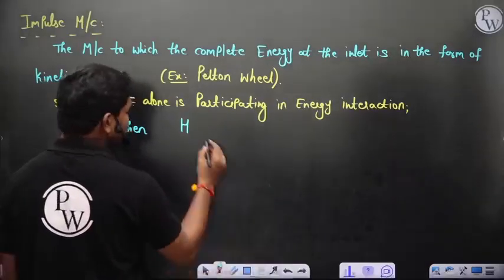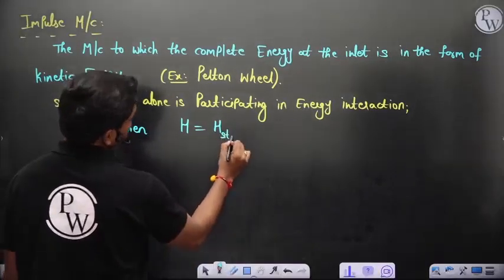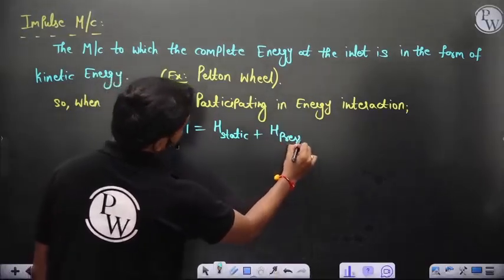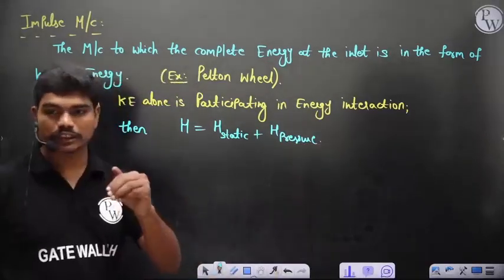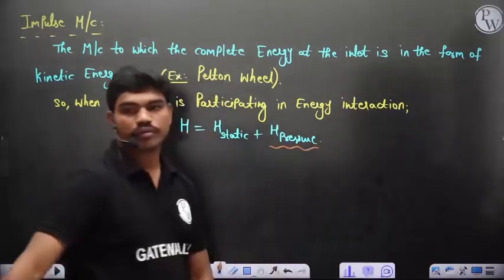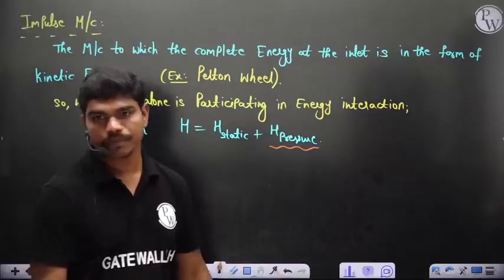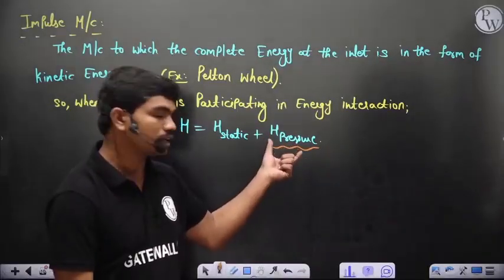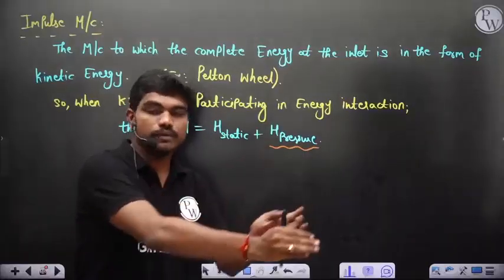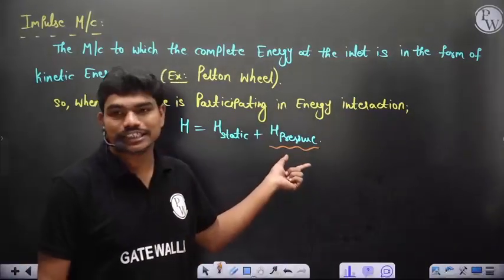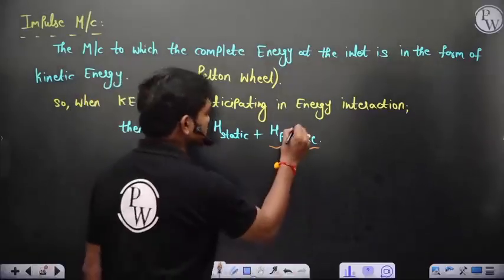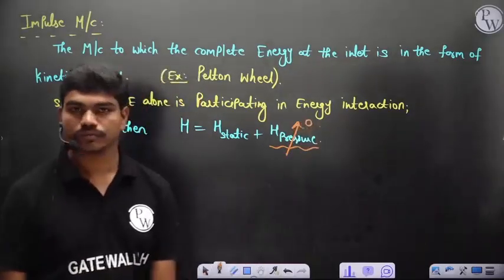Because I have told you H is equal to H static, due to change in static head, and also due to change in pressure head. Now if pressure energy is not contributing, can someone tell me what happens to the change in head due to the pressure? If pressure energy is not contributing, then whatever pressure energy is available at the inlet, the same is also available at the outlet. Then what is this change in pressure energy? In that case, it is 0. Correct? So this is 0, obviously.